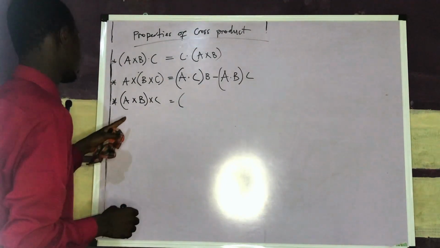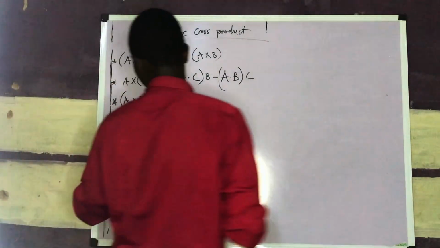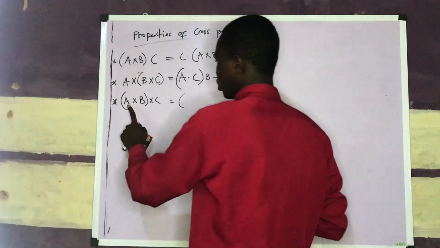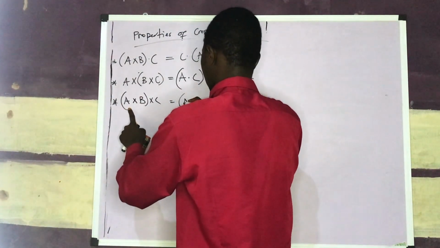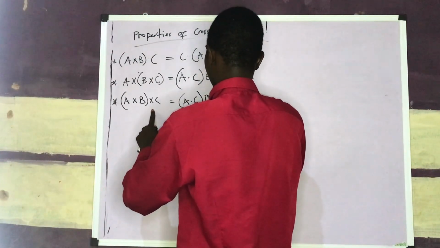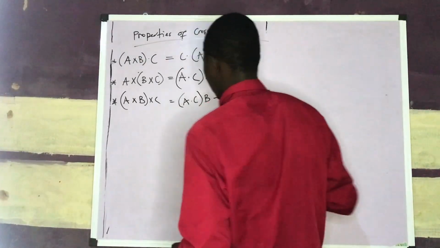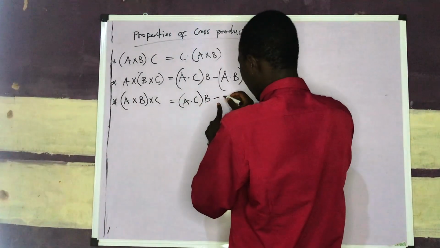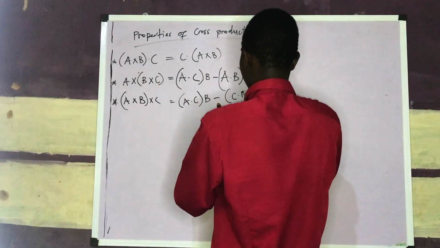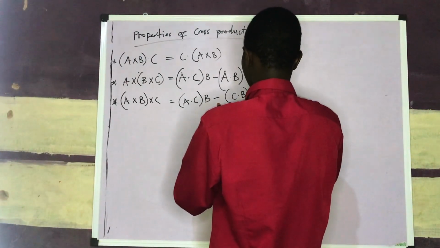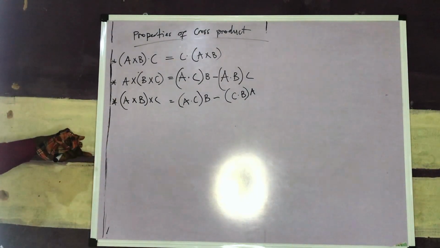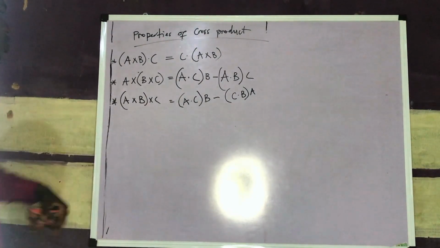So how will you start it? You start it exactly like this one: this one dot C, B, minus, this way it will be different, minus C dot B, A. So this is the sign convention. When you are given this type of question, this is how you solve it.